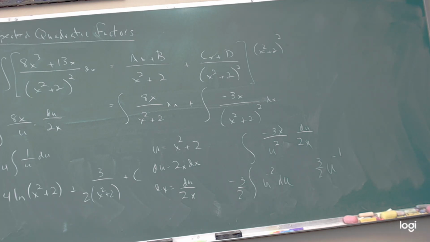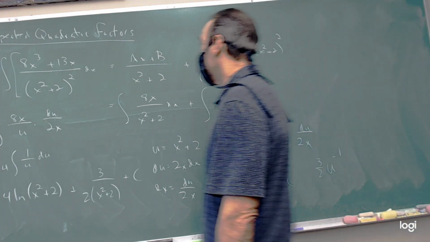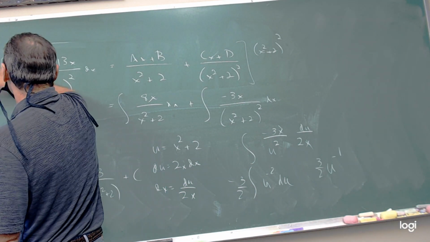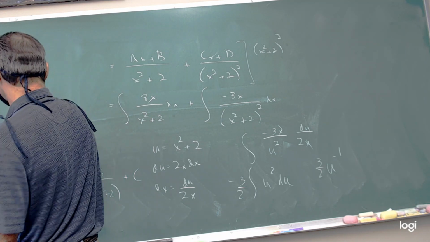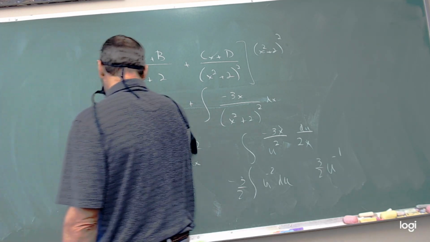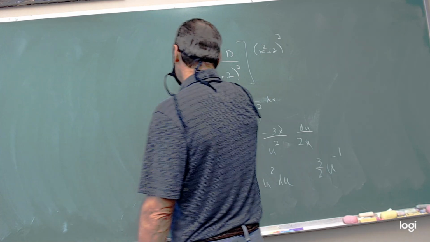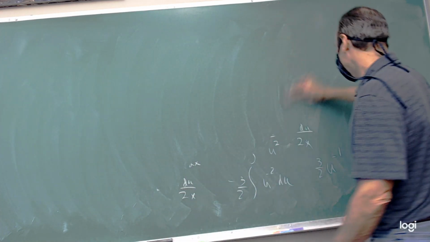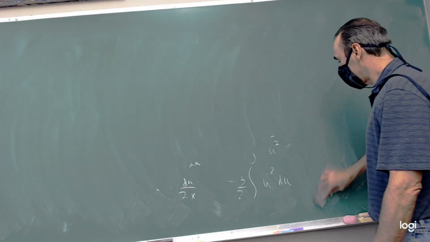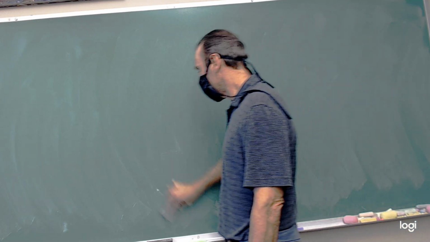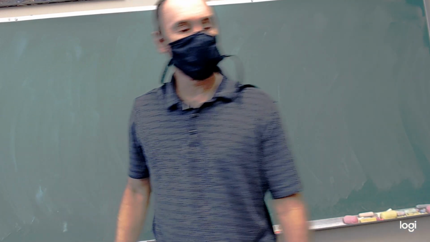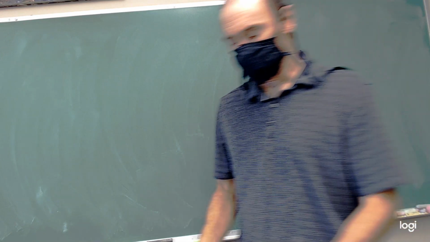So we can sometimes do this, still partial fractions, but it might be a disguised partial fractions. So let's see if you can see how clever you are. And can you make this into a partial fraction decomposition integral? Of course, the answer is yes.